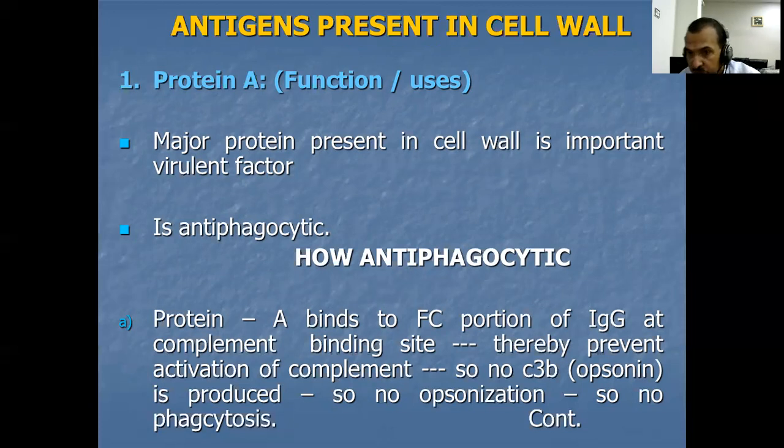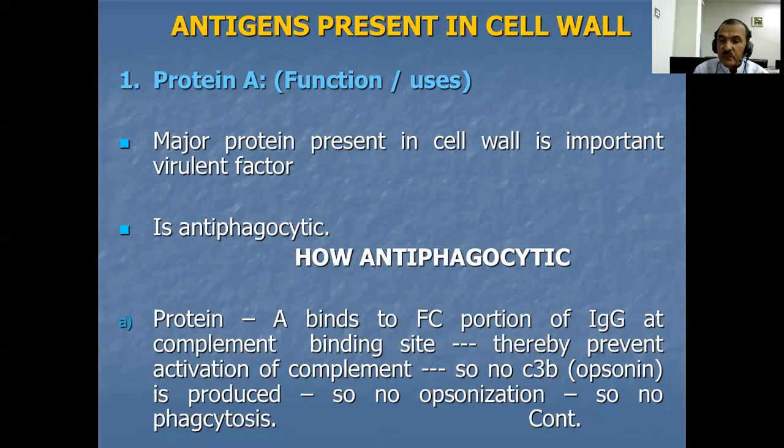How is it anti-phagocytic? Protein A binds to the Fc portion, the constant portion of IgG, at the complement binding site, thereby preventing activation of the complement. So due to low activation of the complement, there is no formation of C3b or opsonin.